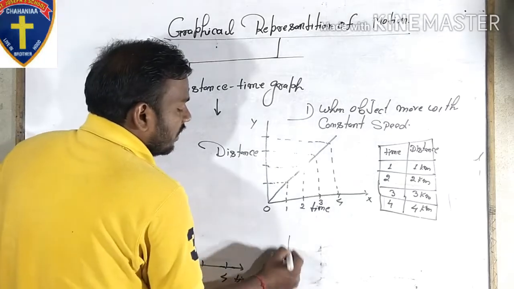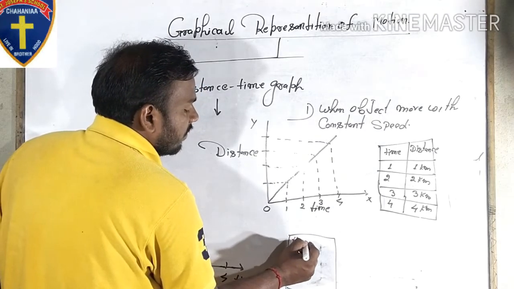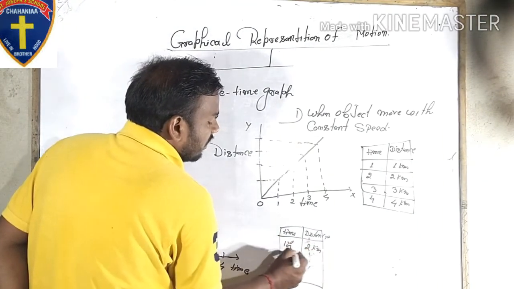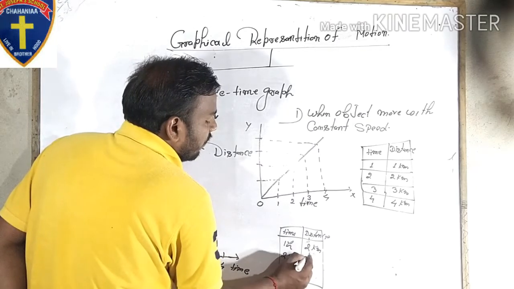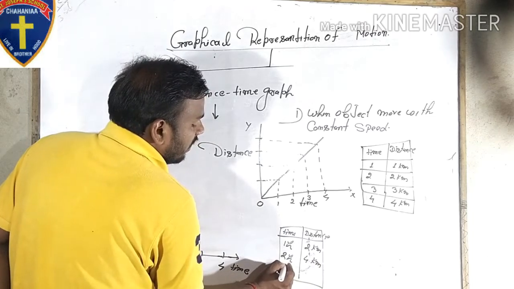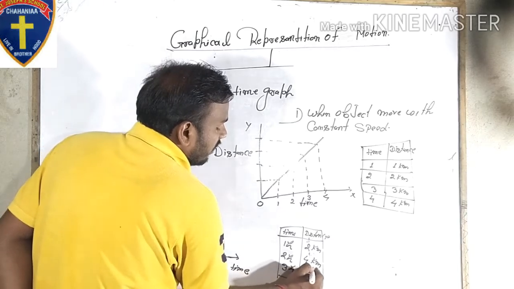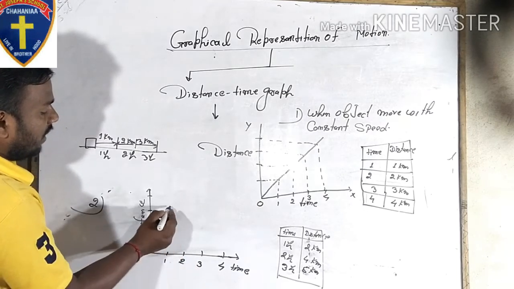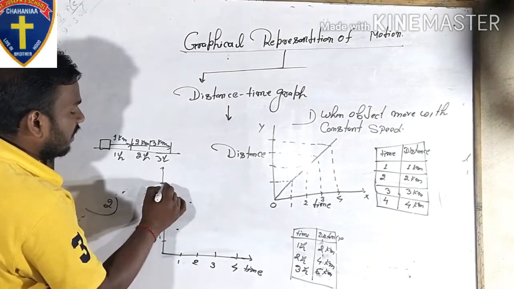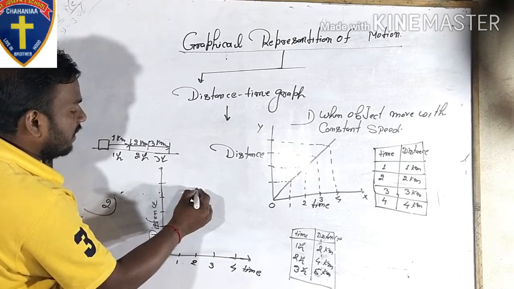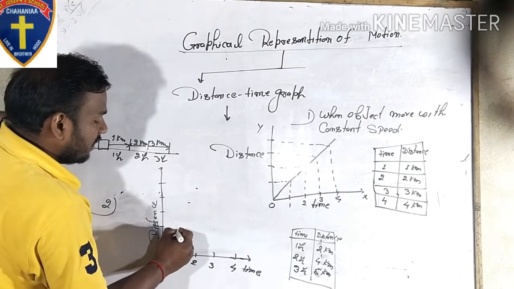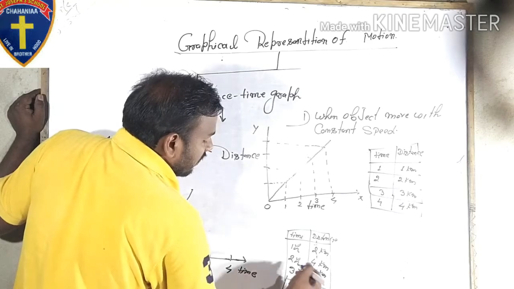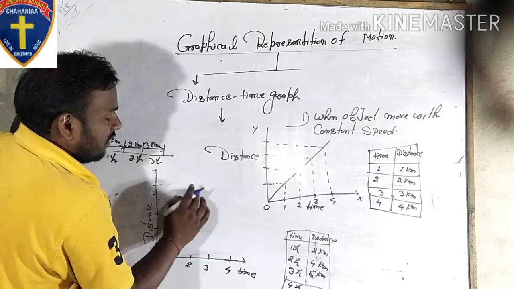But here, time and distance: in the first hour 2 kilometers, second hour 4 kilometers, third hour 5 kilometers, fourth hour 6 kilometers. This means non-uniform velocity.